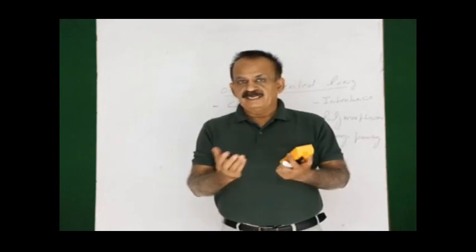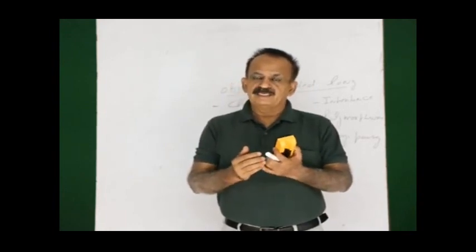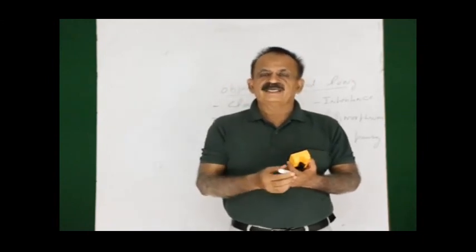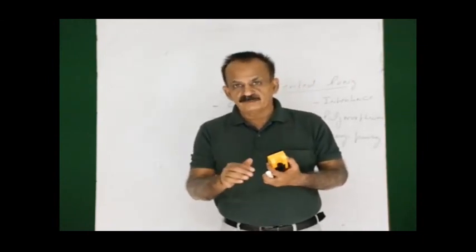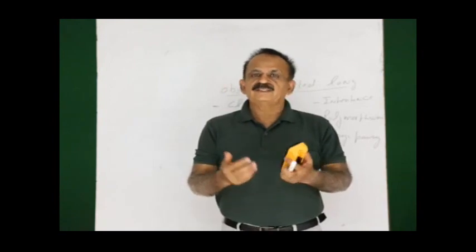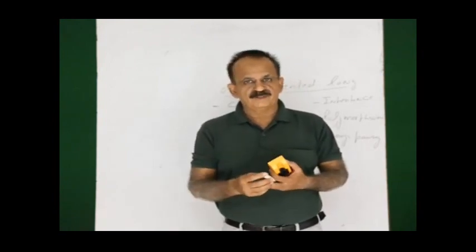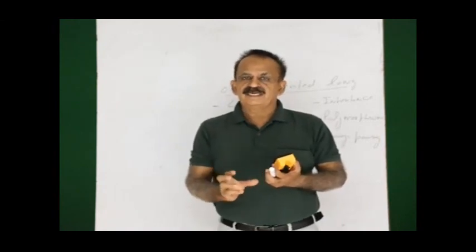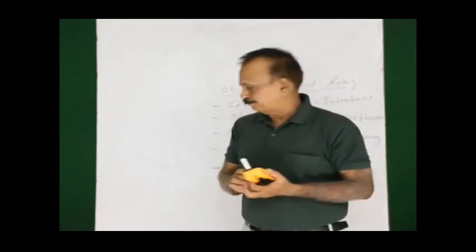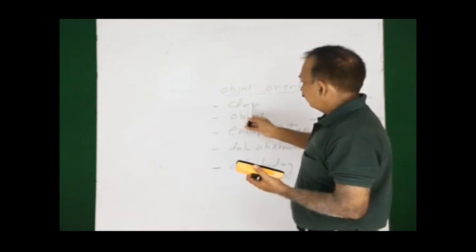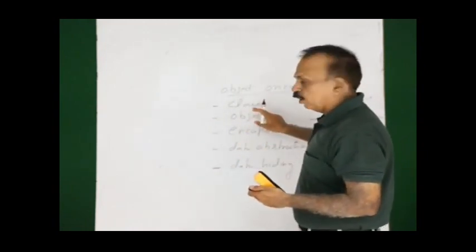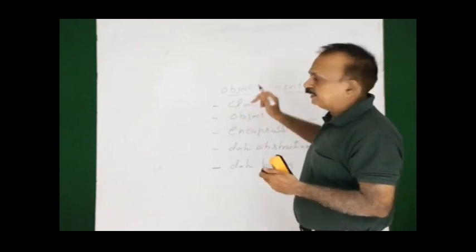If I relate this to a library, I can say issuing a book can be one of the functions, returning the book can be another function, purchase of the book can be another function, write of any particular book can be another function. These are the operations that can be performed on that particular book. So class is a combination of data items and the operations performed on those data items.